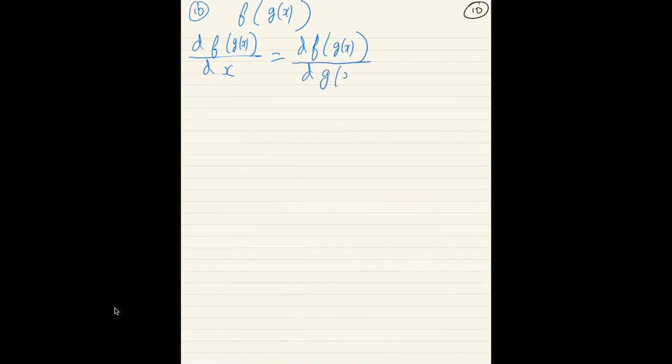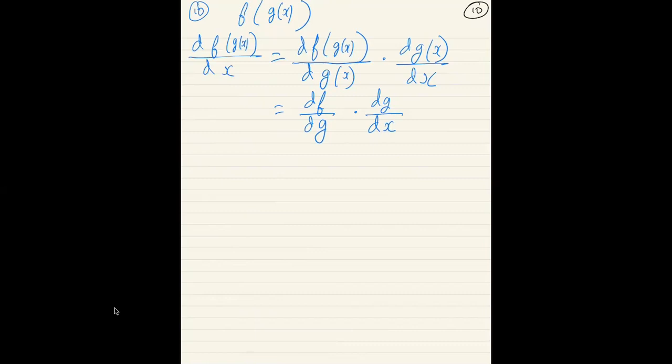So write it down as d of g of x here and multiply, divide by the same thing, and write a d of g of x in the numerator here. So this thing is written as df by dg, while this thing is dg by dx. So all we have done is to introduce the dg in the numerator and the denominator.